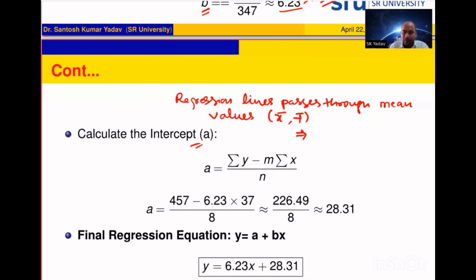That means this should satisfy y bar equal to a plus b x bar. And from here I can write a equal to y bar minus b x bar.